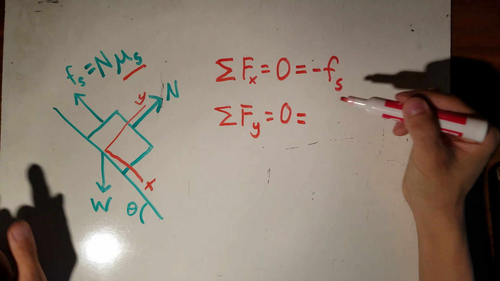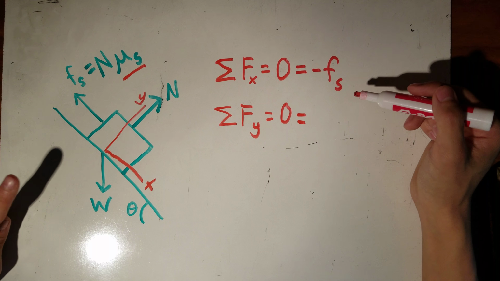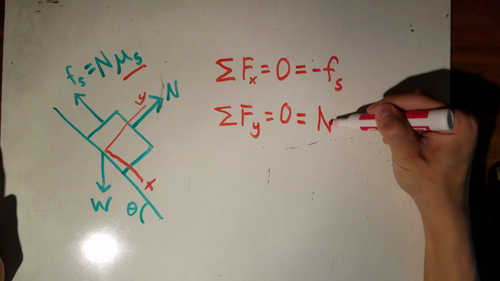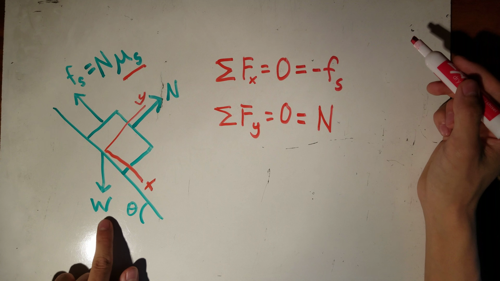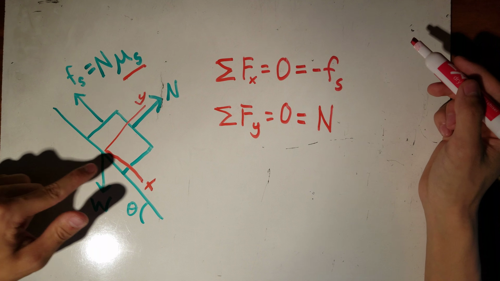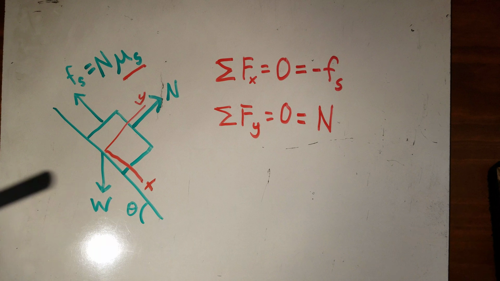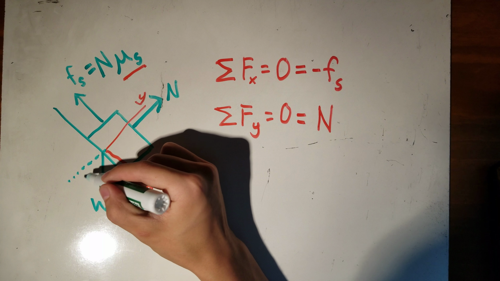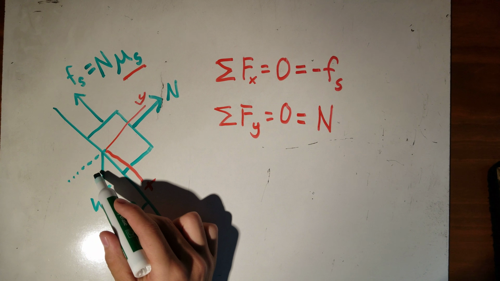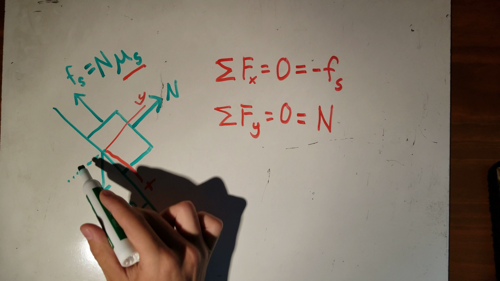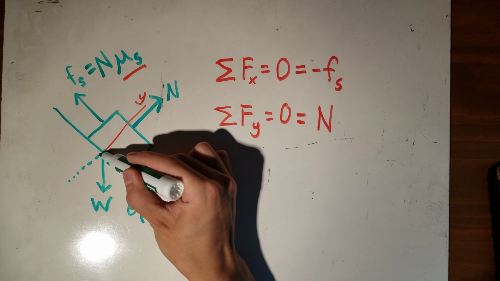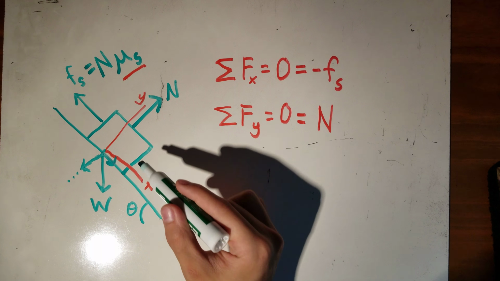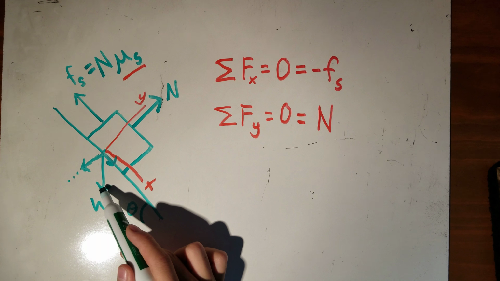And in the y direction, we know we're going to have a force acting in the y direction here, n. But what about this one? It's not acting on either of these two axes. So we can break it down into component form, and we can say that there's a component acting here in the x direction and a component acting in the y direction that are going to give the resultant here.